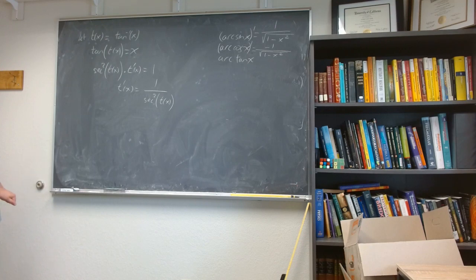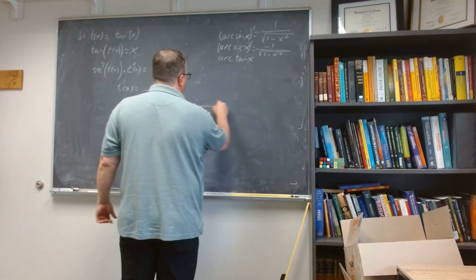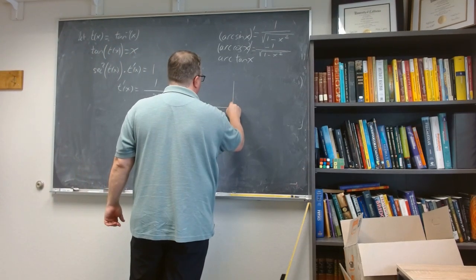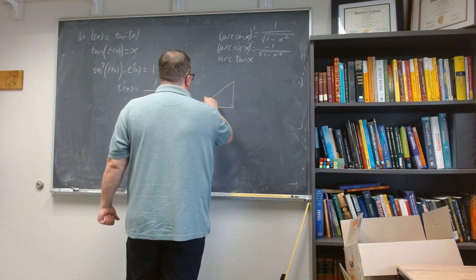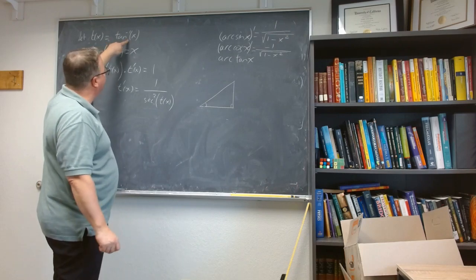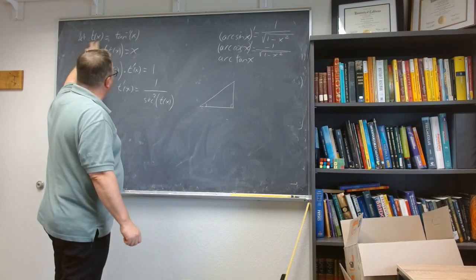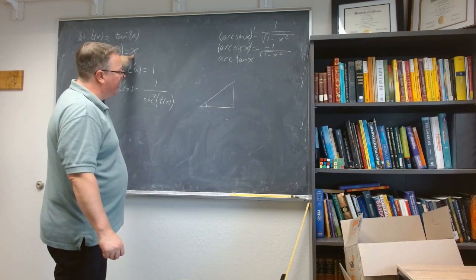Okay, so how do we find secant squared of t of x? Well, we have to draw our picture, and we have to make sure that it matches up with the things that we know. So this angle is t of x. This is the arctan. And because x is what we plug in, if we plug this into tangent, we get x over 1.